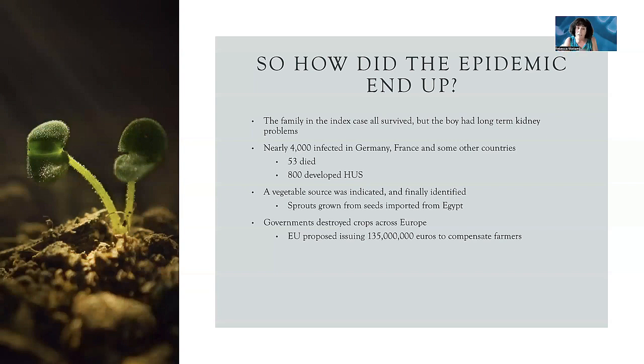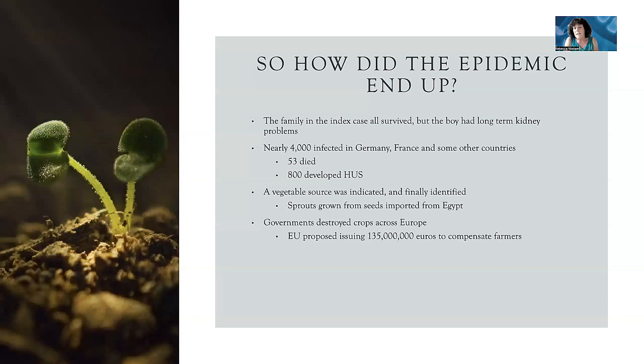As they started looking to try to figure out what happened, where it came from, a vegetable source was indicated. First, they thought it was cucumbers, then they thought it was spinach. When they thought it was cucumbers, they destroyed a bunch of crops to keep it from happening. The same thing with other vegetables.